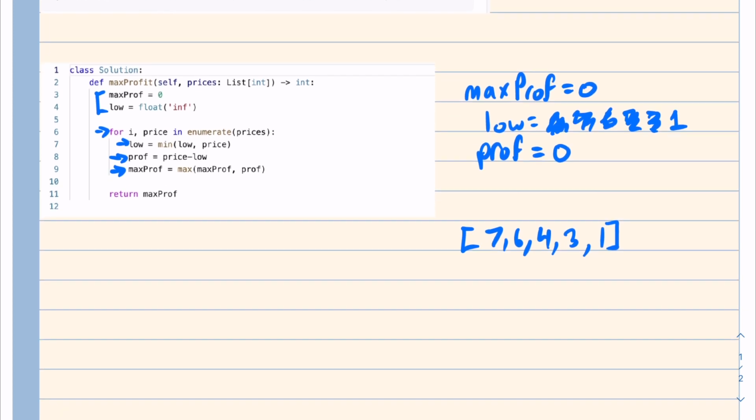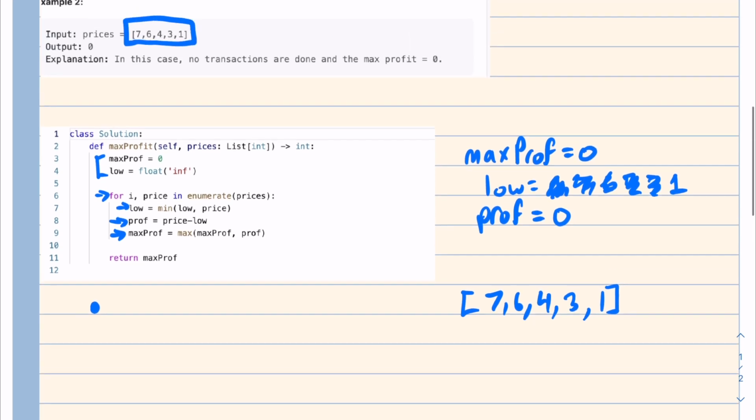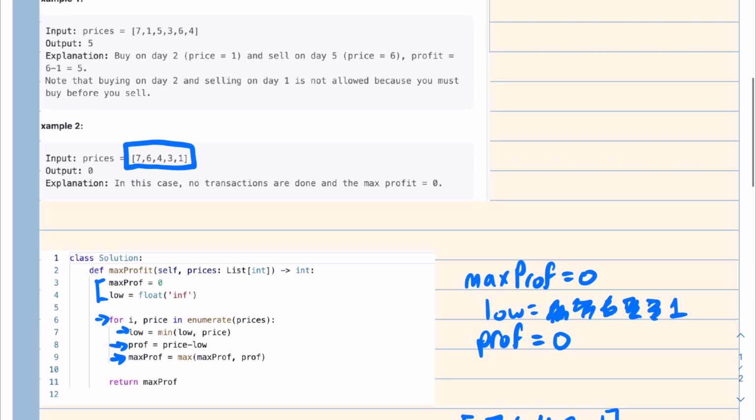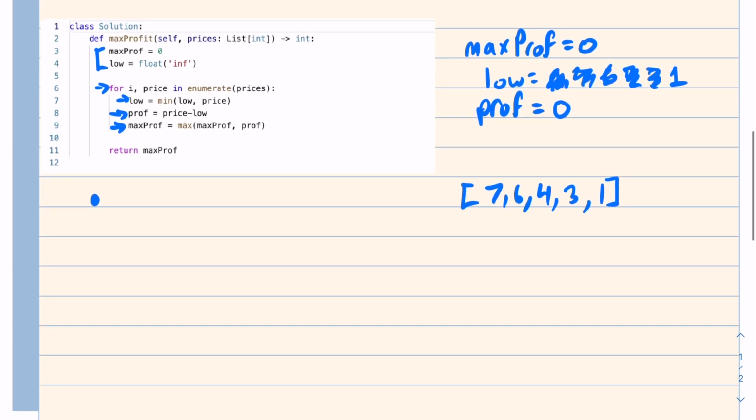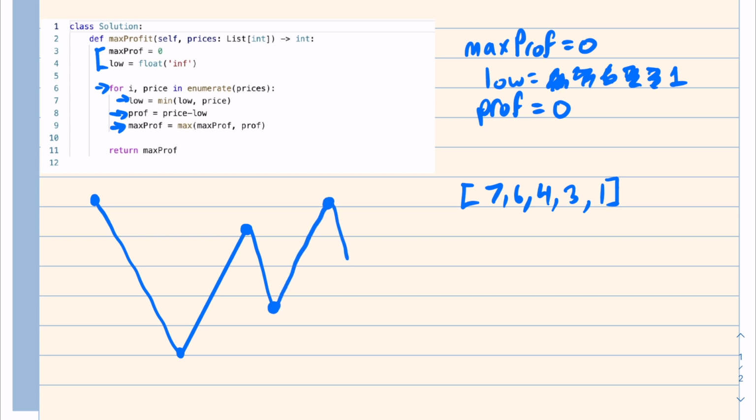So the way the solution works, if I were to draw it visually, it would be something like this. Let's see, so 7, 1, 5, 3, 6, 4. If you imagine stocks, this is 7, this is 1, 5, 3, 6, and 4.